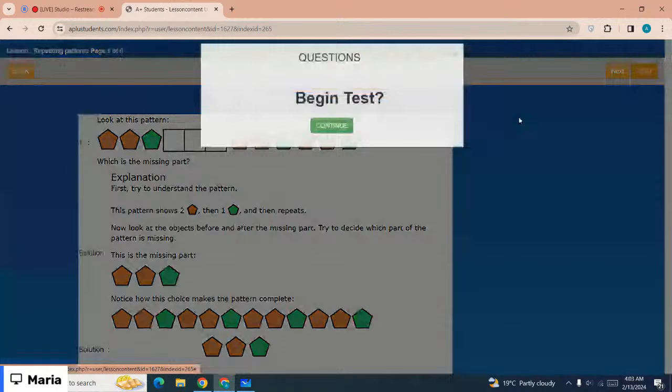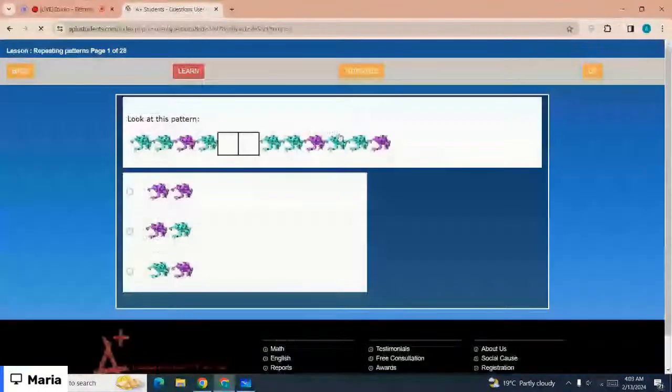Let's just start with the test questions. Okay. Look at this pattern. So which part is missing? If you see the pattern is like you have two blue, one purple, two blue, one purple, two blue, one purple.